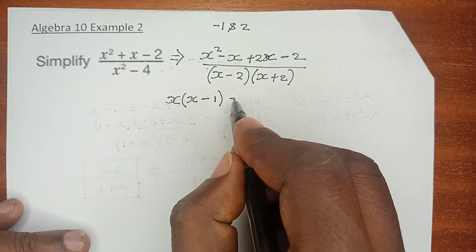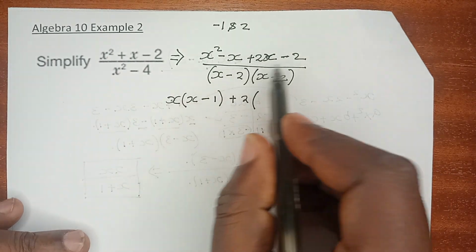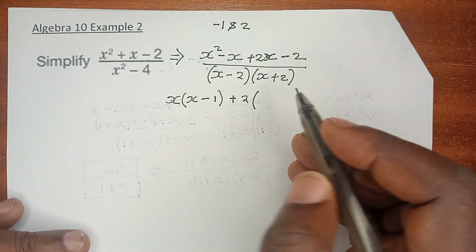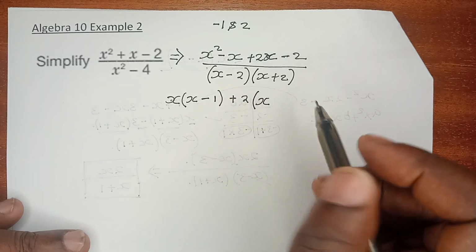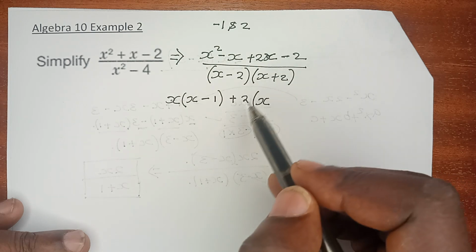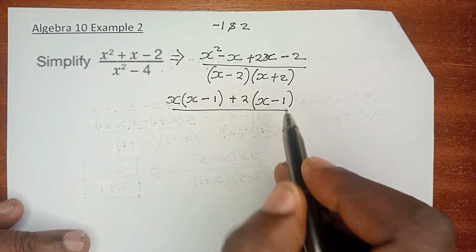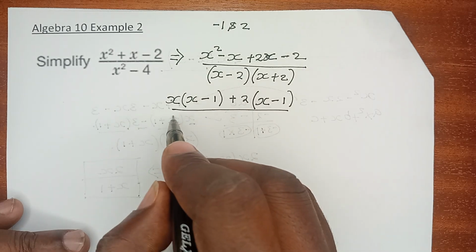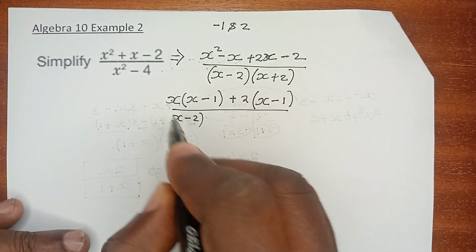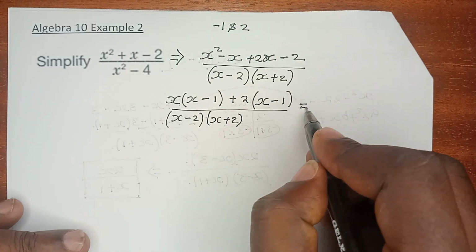And then plus 2 is common in the second two terms. Then 2x divided by 2 is x, and minus 2 divided by 2 is minus 1. So we eventually have something that looks like x minus 1 and x plus 2.